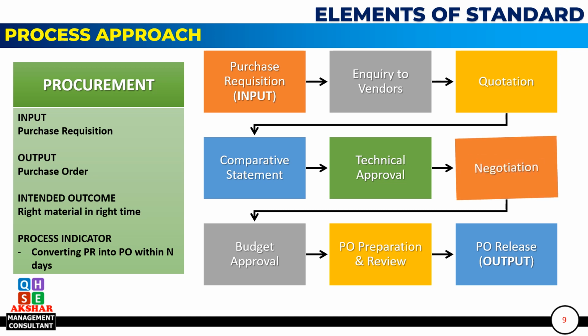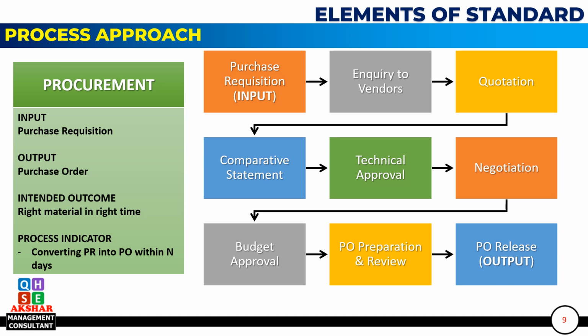Later, negotiation is carried out with specific vendor, and approval for budget is obtained. Once all set, draft purchase order is prepared and reviewed. Finally, the purchase order is sent to vendor. It is clear that there are many activities in sequence from input to output.